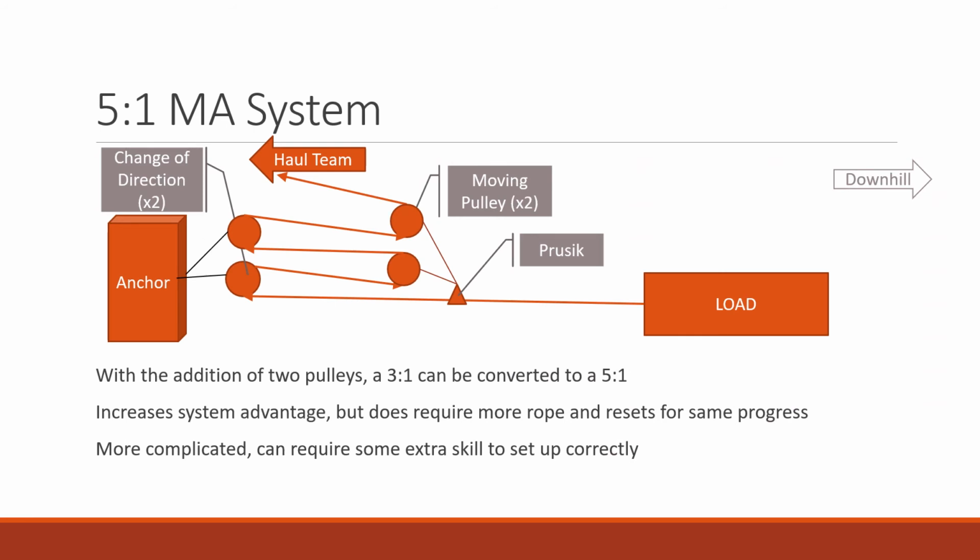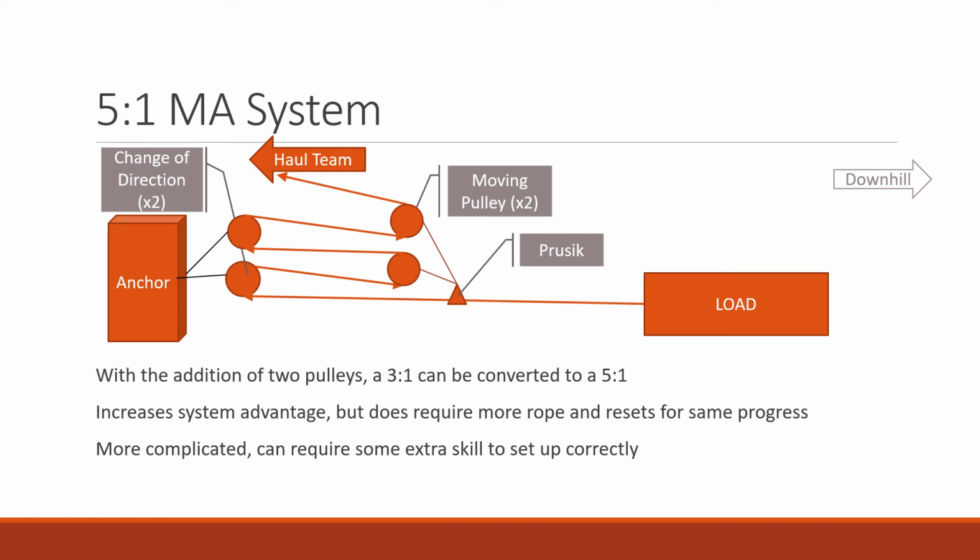So speaking of improvements, we have the 5-to-1. So the 5-to-1 requires 2 more pulleys. So we're adding in a second change of direction pulley and a second moving pulley. It is the same as that 3-to-1, except we're doing the 3-to-1 part, that added extra loop, again. So rope starts at the load, is tied on, comes up to a prusik or pair of prusiks.